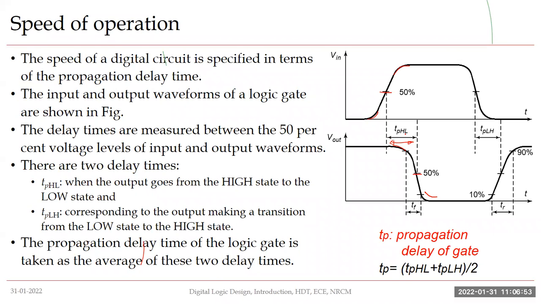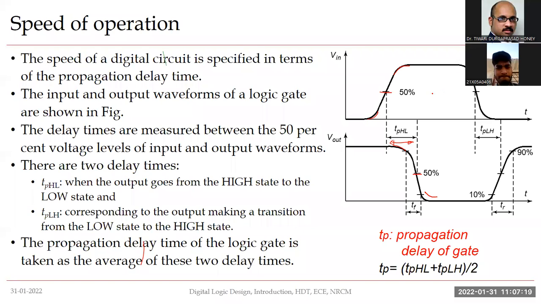In this case, the output is going from high to low. Hence, we will call it propagation delay for high to low transition, tPHL. Similarly, in another case, this is for a simple inverter, whatever is the input, its opposite logic will appear at the output.